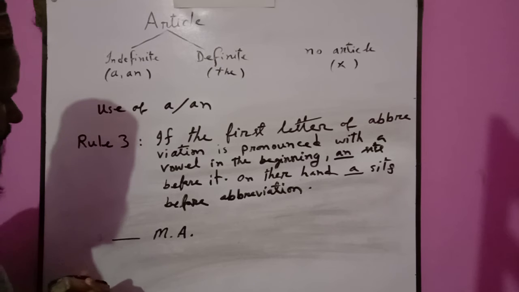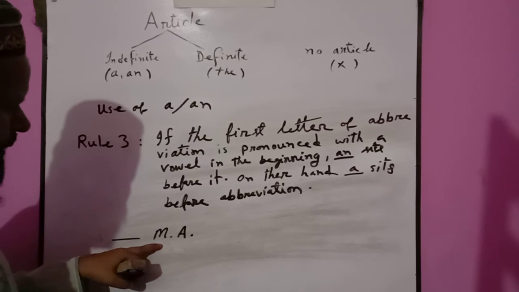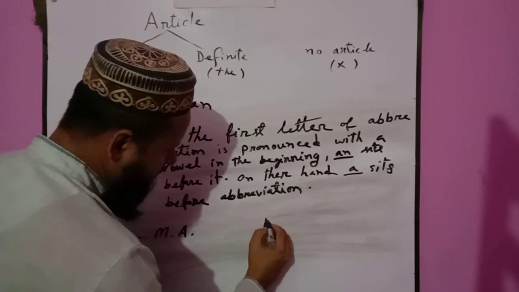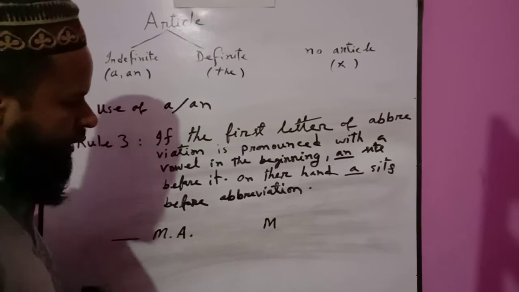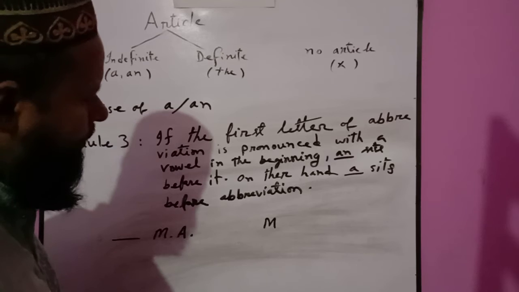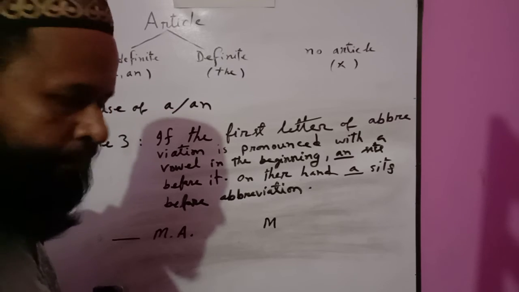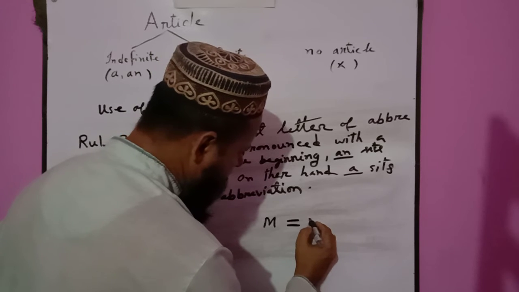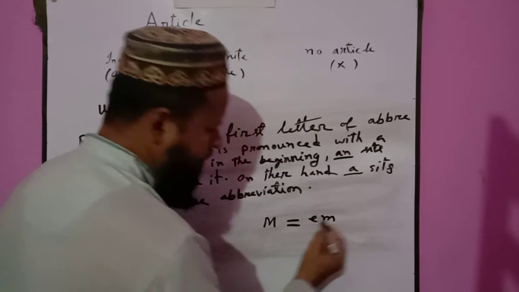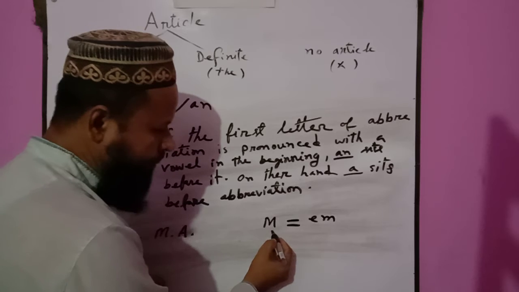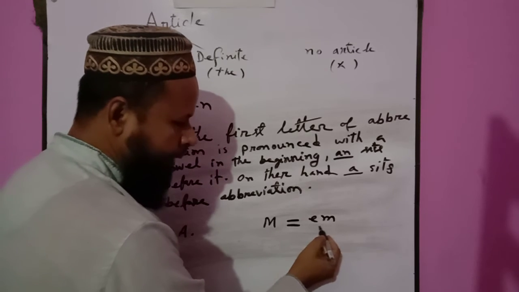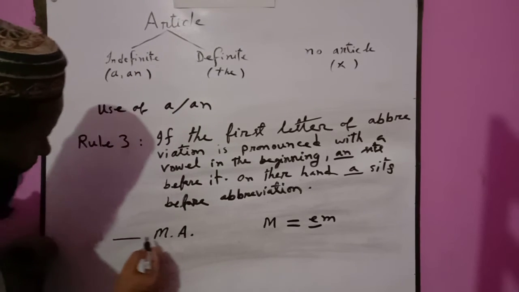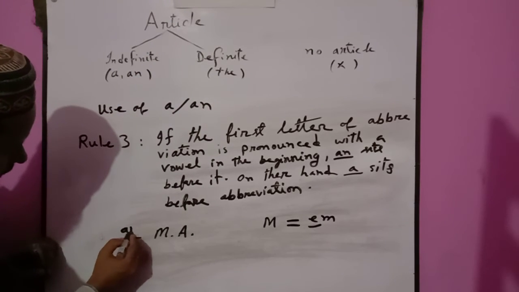The first letter of the abbreviation is M. How will you pronounce M? EM. M is pronounced EM. The first letter is a vowel sound. So we shall use an before MA.